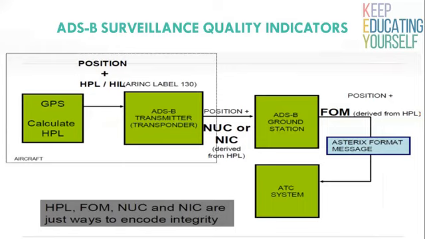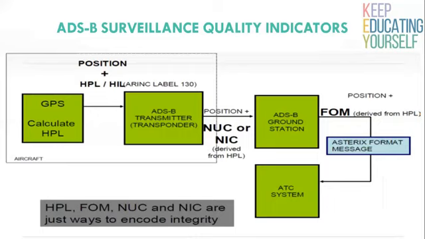Once this is received by a ground station or another ADS-B in aircraft, it will determine position and figure of merit derived from the horizontal protection level. The information will be sent to the ATC display system using ASTERIX 21 format.